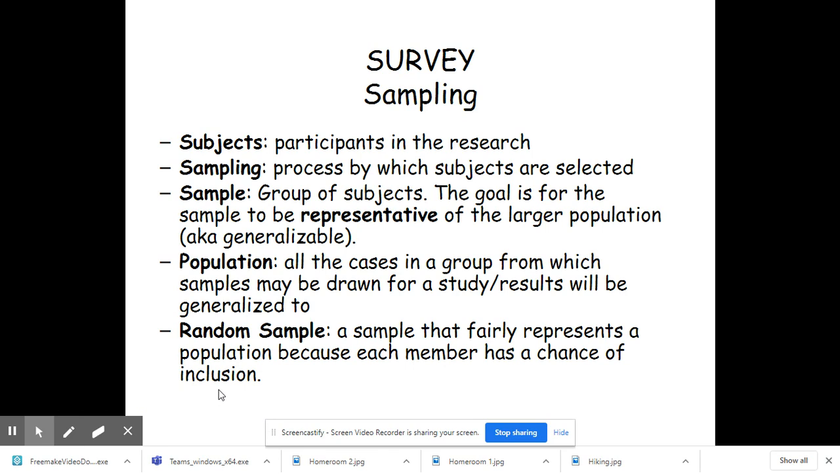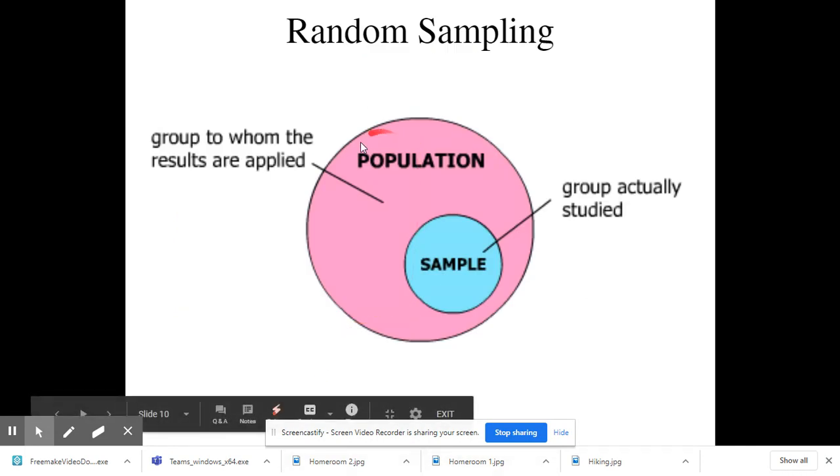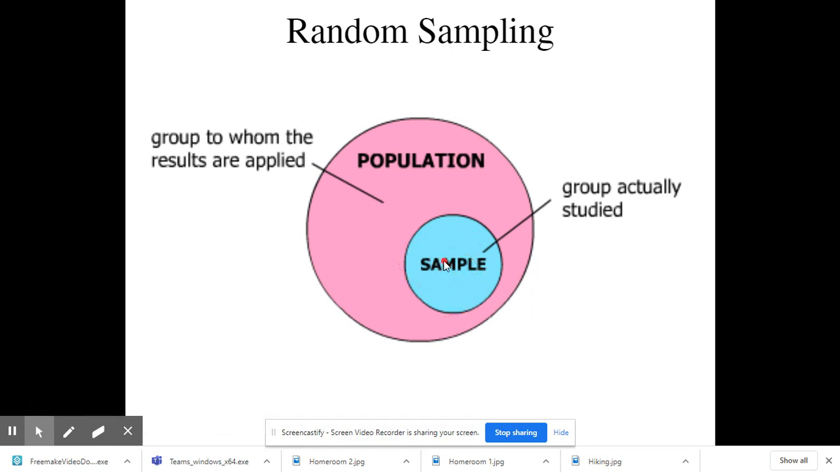So if they only gave it to senior homerooms and then chose people from those senior homerooms, that would not be random because not everybody has an equal chance. Every student at the school would need to have an equal chance. So to give a visual representation: population, Ardrey Kell; sample, the subjects that are given the survey.